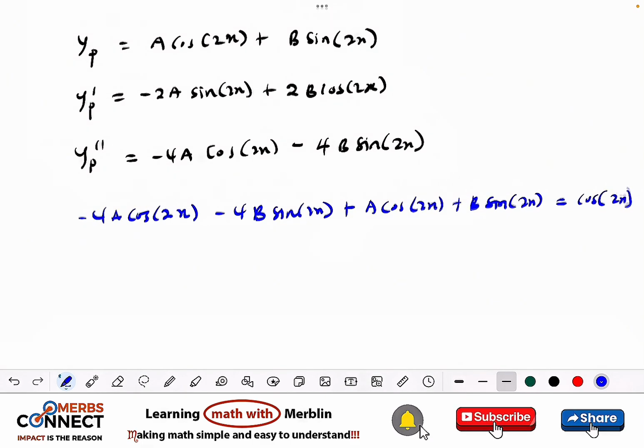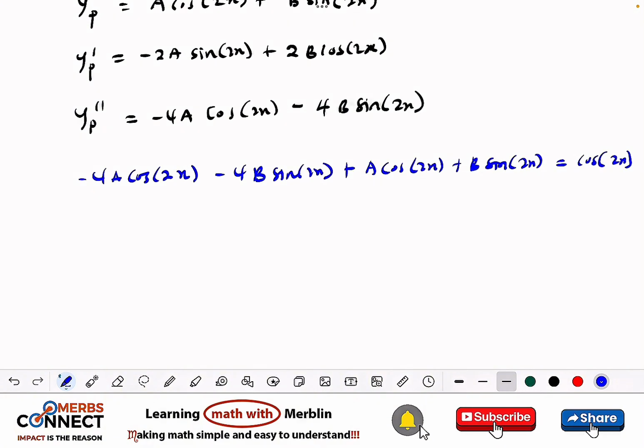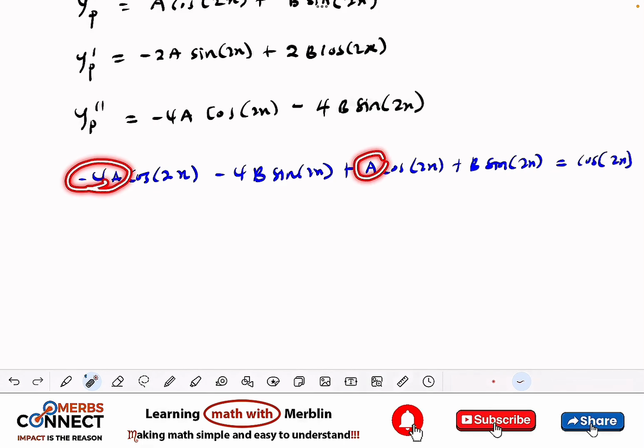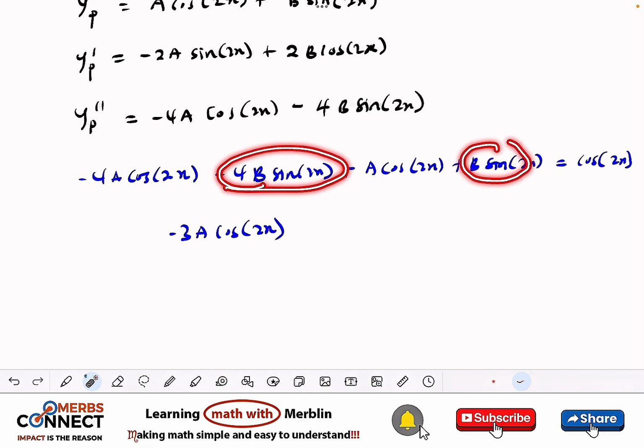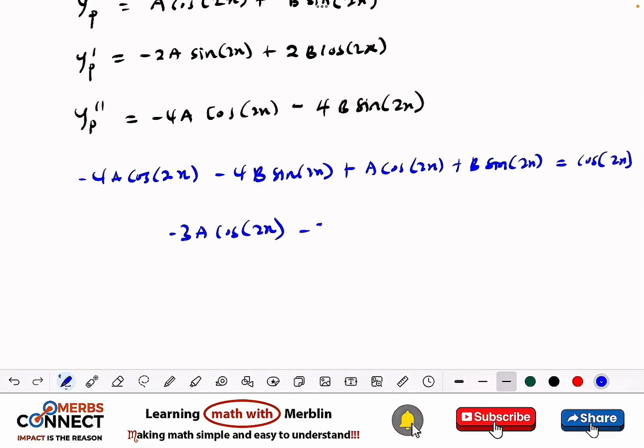So now let's try and group cos and sine together. With the cos terms, I'm going to have minus 4a and plus a, since they are the same kind of term. So this is going to give us minus 3a cos 2x. Good. And then this is minus 4b and this is positive 1b. So this is going to give us minus 3b sine 2x, which is equal to cos 2x.